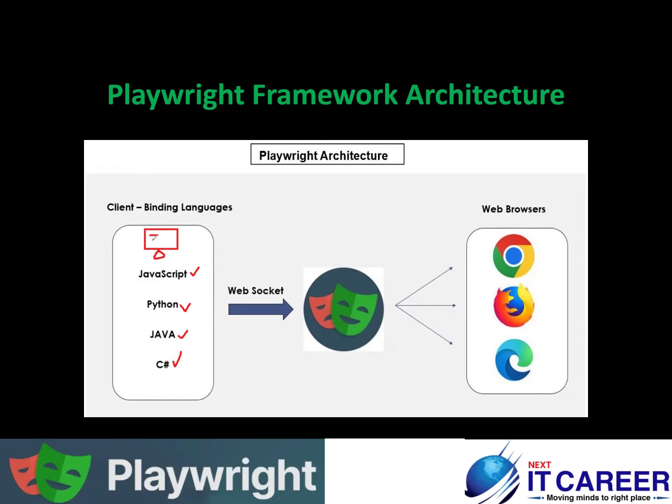Just write the code here. Once you write the code, you can run it. Whenever you are running the test, it will run using a WebSocket. It's not an HTTP protocol like Selenium. This is one of the biggest advantages here. And you can run all these tests at a time in different browsers using headless mode and headed mode. That is also possible. Clear?